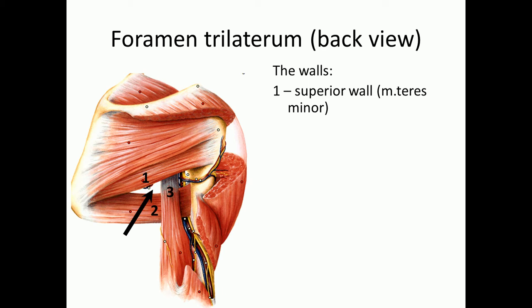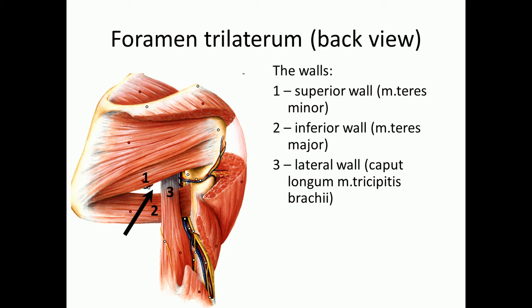From the back view, it's musculus teres minor. But the two other walls are the same. The inferior wall is musculus teres major, and number 3, the lateral wall, is the caput longum of musculus tricipitis brachii. The content of this foramen is the same. If we watch from the back or from the front, we can find only arteria and venae circumflexae scapulae.